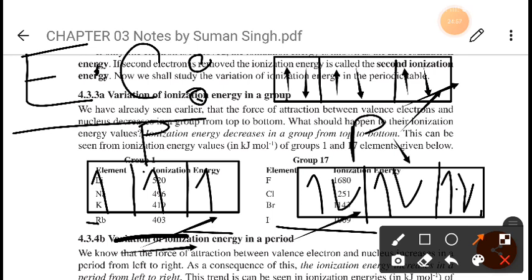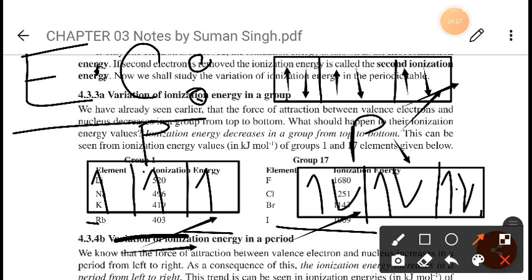Now next, such atoms possess less tendency to lose electrons. We can easily understand this. If it is completely filled or half filled, it will have less tendency to lose the valence electron, and consequently the ionization energy will increase.